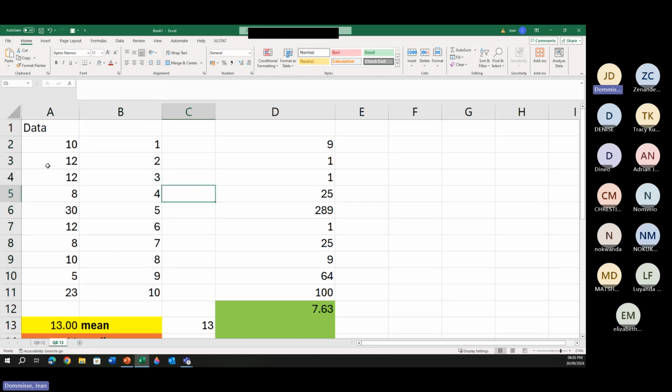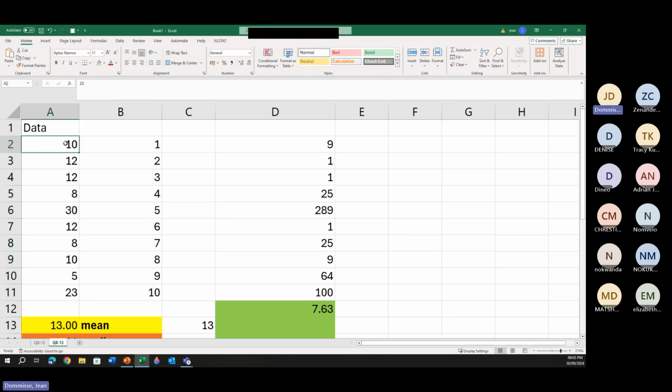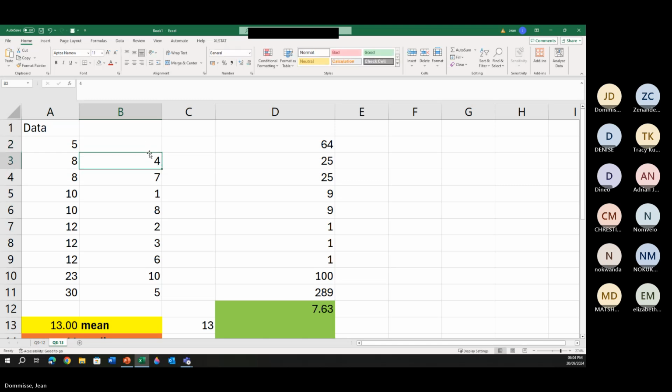Again, the data is not ranked. So what I would do is, just to make 100% sure, I will sort it from smallest to biggest. Now you can also see, if we go through the data, 5 is once, 8 is twice, 10 is twice, 12 is 3 times.